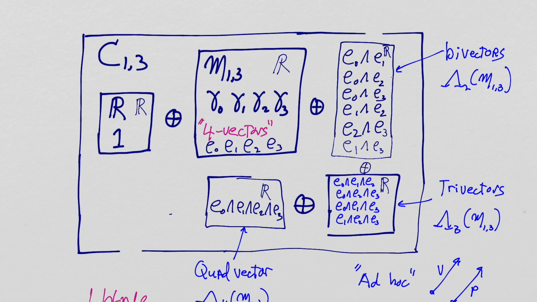So we're going to take a bit of a digression into vectors times bivectors, and then we're going to describe bivectors times bivectors and bivectors times trivectors. And we're going to describe all of these things and then move into the way the paper wants you to understand the structure of geometric algebra.